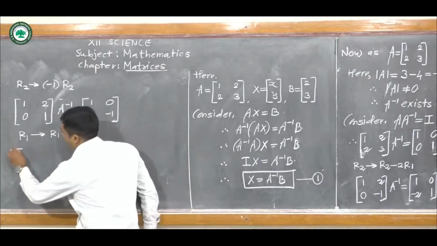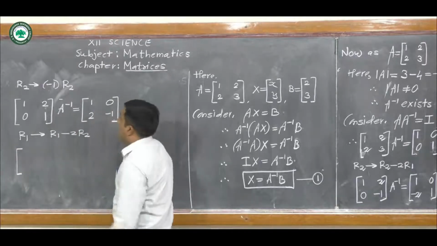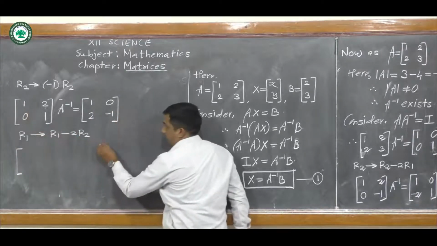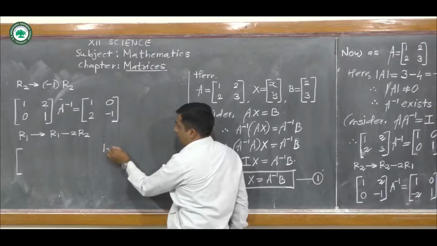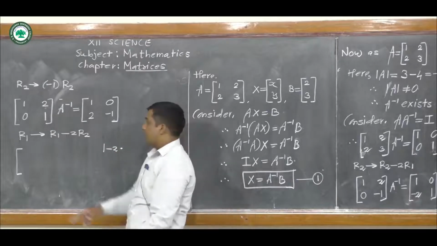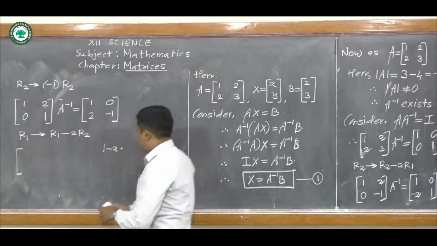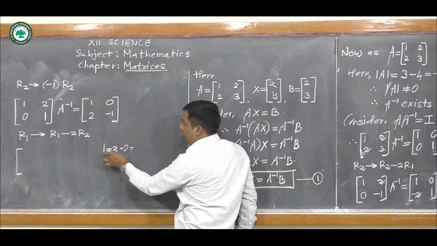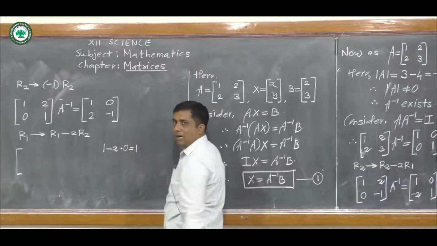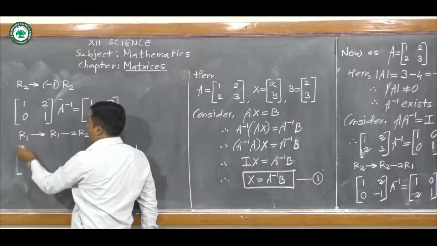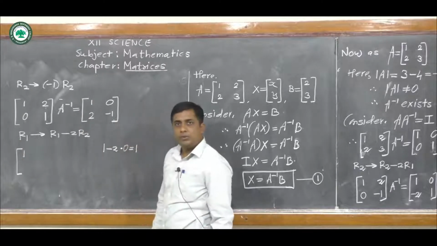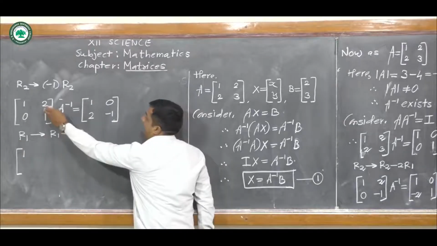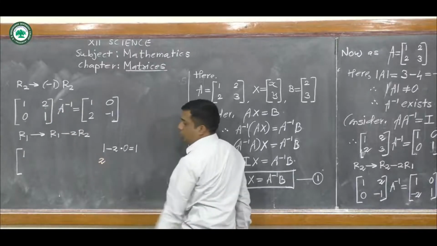So here, the first element from row first is 1 minus 2 into the first element from row second, which is 0, and we get 1 minus 0, and we know this is 1. So here in the position of 1 again we have 1. Next, the second element from the first row is 2.